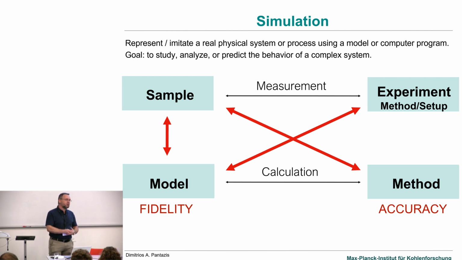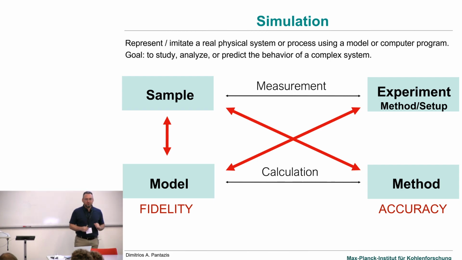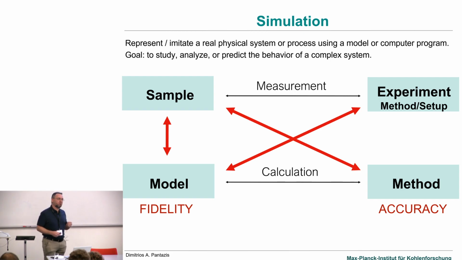So then we can be talking in general about fidelity in our model. How faithful is the representation we're using in the computer to the real system? And now the question, what is the real system, is also a bit problematic. I mean, it's not always obvious.